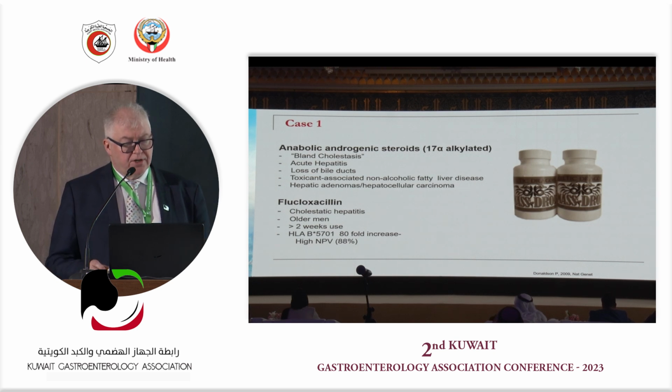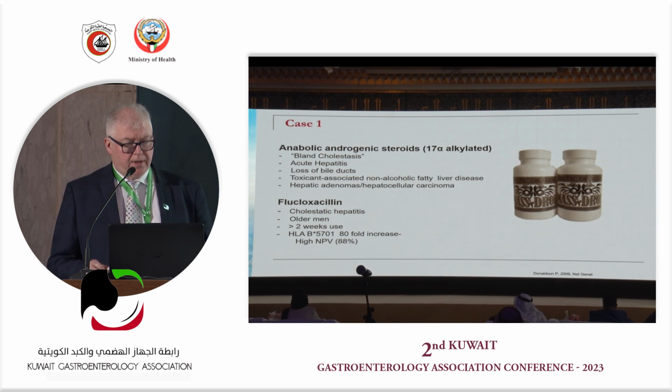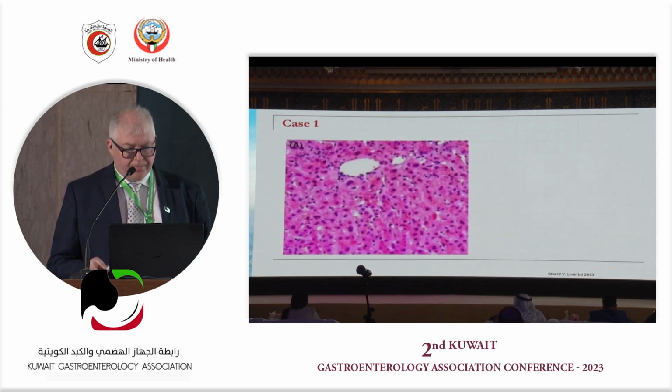Now, in contrast, flucloxacillin is a much more common drug with toxicity in older patients, more likely to get toxicity with longer duration of exposure, and this has clear immunogenic activity that is truly related to the HLA genotypes, which can increase the likelihood of drug toxicity by 80-fold.